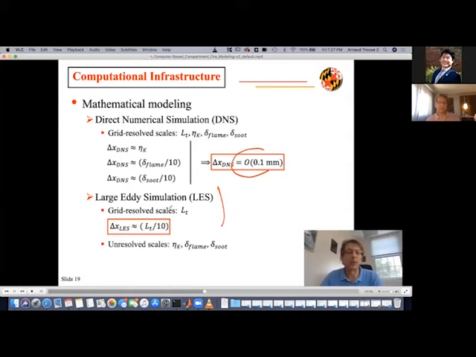We only resolve the large length scales of a turbulent flow. We model the small length scales of turbulence, combustion, and radiation. But it is at the expense of accuracy because we now rely on the quality of the subgrid scale models that are introduced in the governing equations.